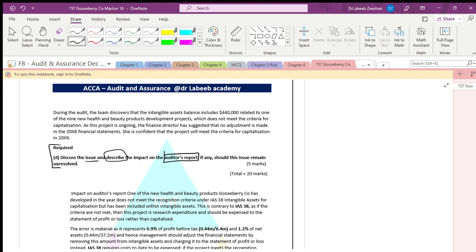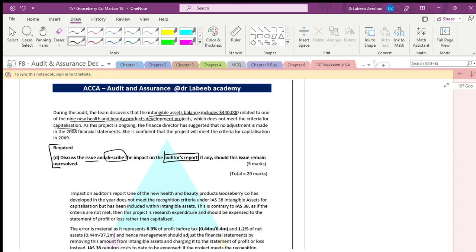During the audit, the team discovered that the intangible asset balance includes 440, related to one of the beauty product developments, which does not meet the criteria of capitalization.